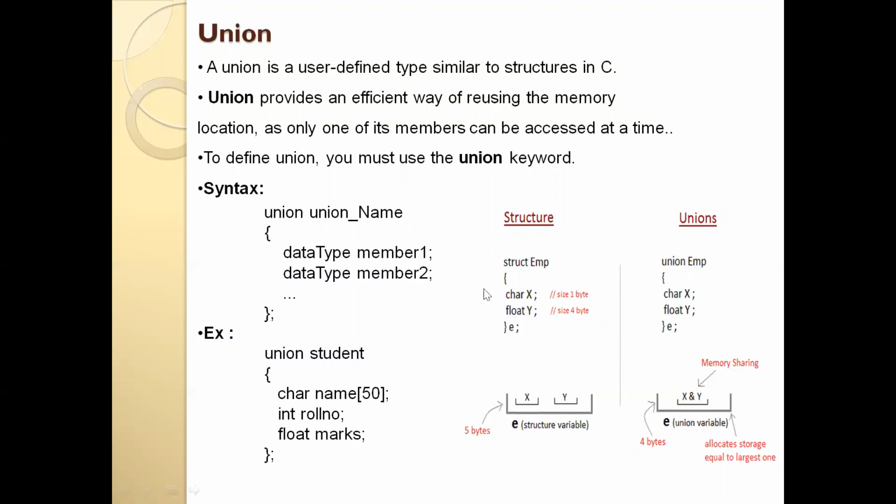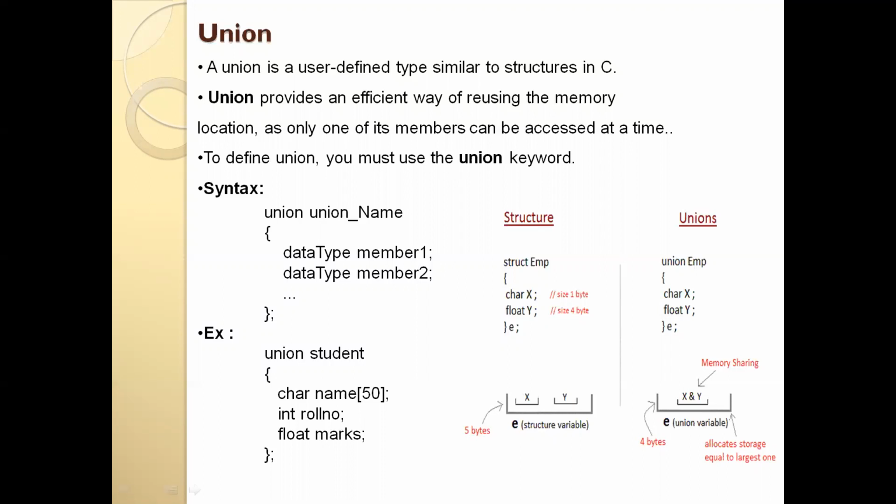How much memory will be allocated for this structure? Here char x occupies 1 byte of memory space and float y occupies 4 bytes of memory space. So totally for this entire employee structure, 5 bytes of memory will be allocated, and each and every member occupies its own memory locations.